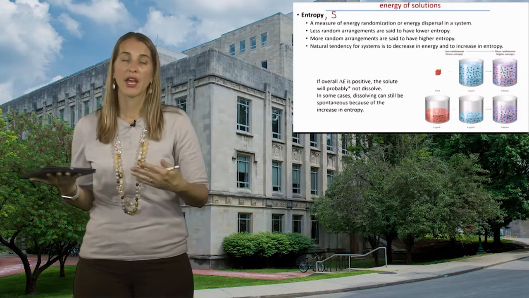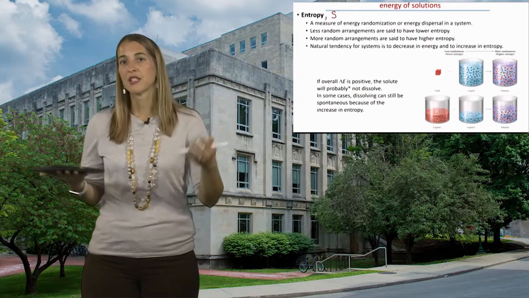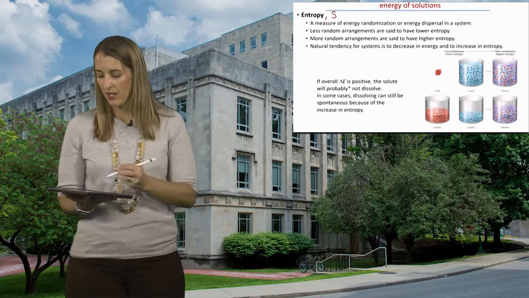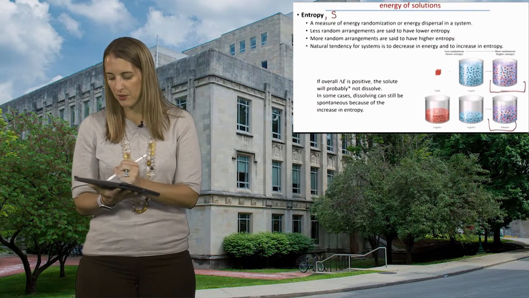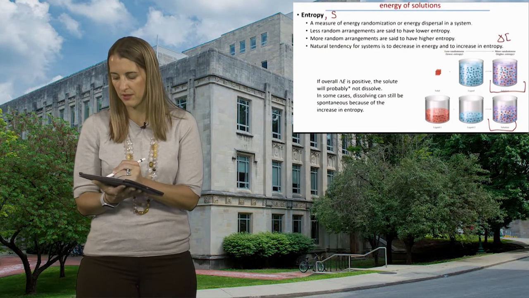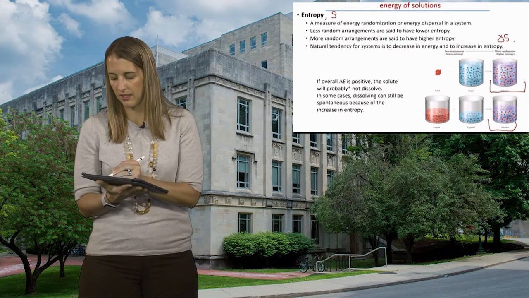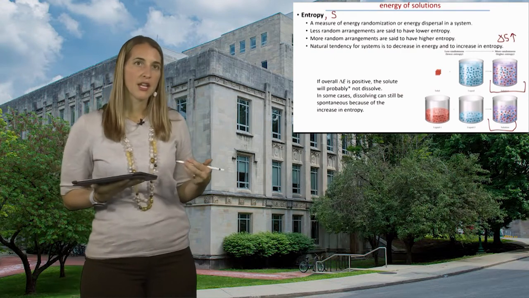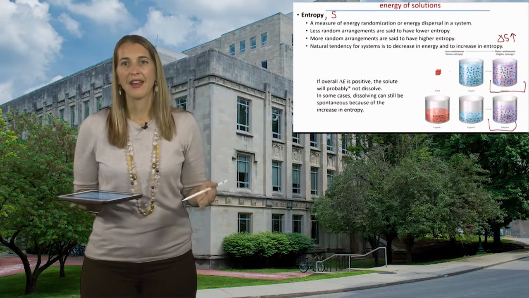There's more ways for the energy to be dispersed, all right? There's more random arrangements, so they would be higher in entropy. So the examples here, when you make the solutions, you now have an increase in entropy. So the change in entropy, I'm gonna fix that, the change in entropy has gone up. So systems tend to move in a way that energy is decreased and entropy has gone up.